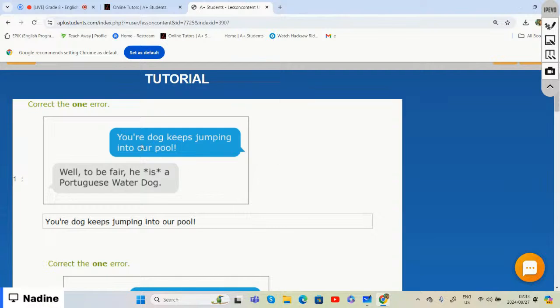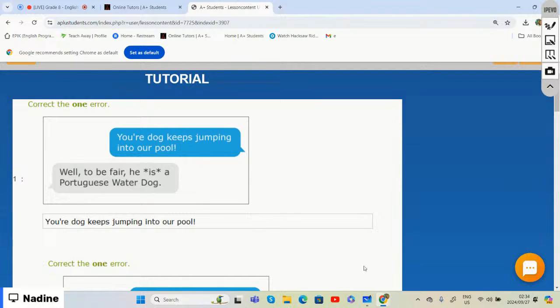It says: your dog keeps jumping into our pool. Well, to be fair, he is a Portuguese water dog.